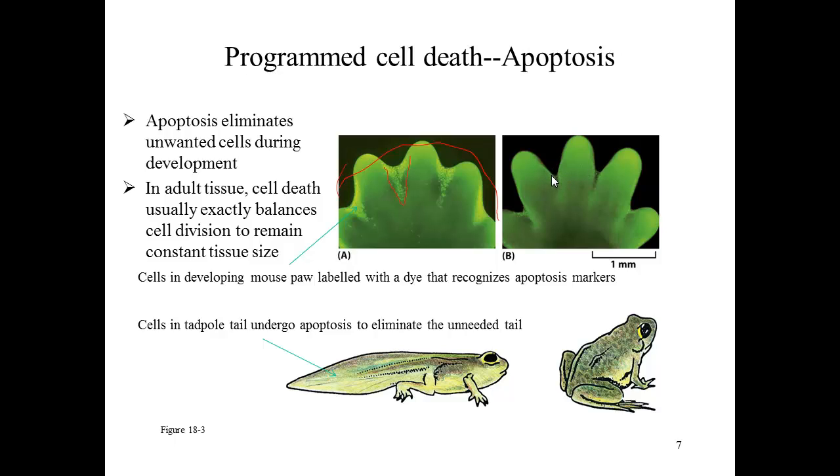By doing so, you're going to create furrows between digits so that a single smooth limb bud can now develop into a five-appendage limb. And again, this is not something that has to happen only early in development.